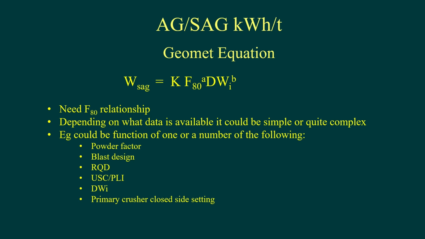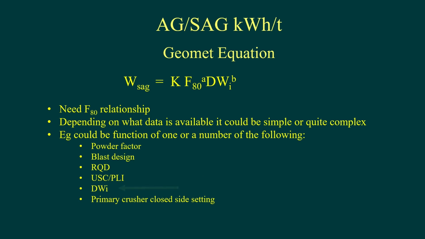And depending on what other information is available, and if you remember in the previous slide I mentioned looking for other information that might help. In a lot of cases that information could be powder factor, blast design, RQD, which is to do with structure, UCS or point load indices.